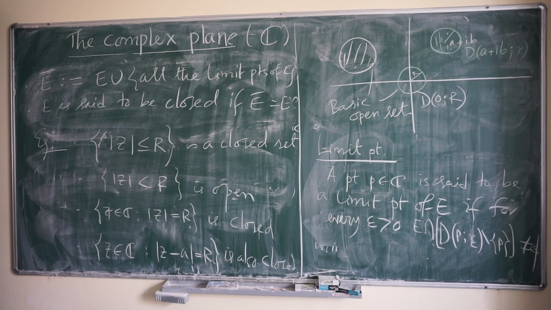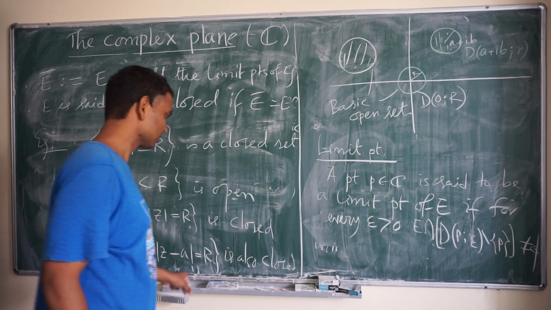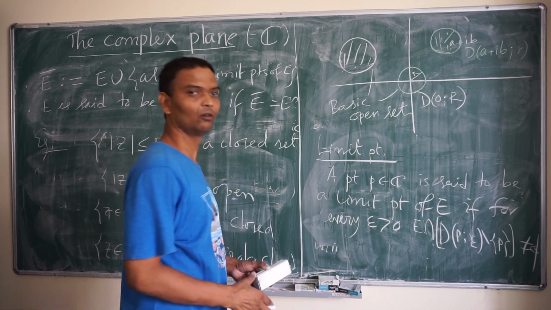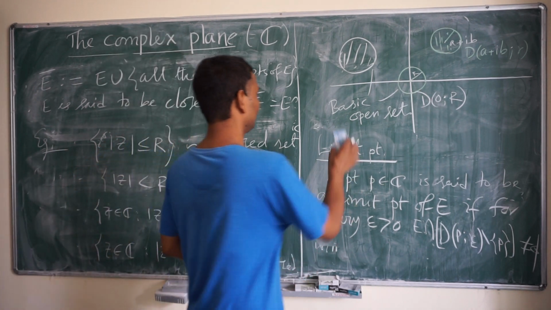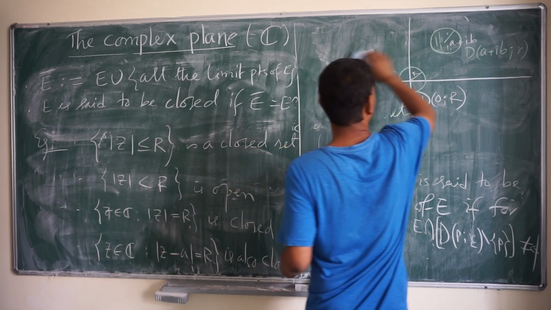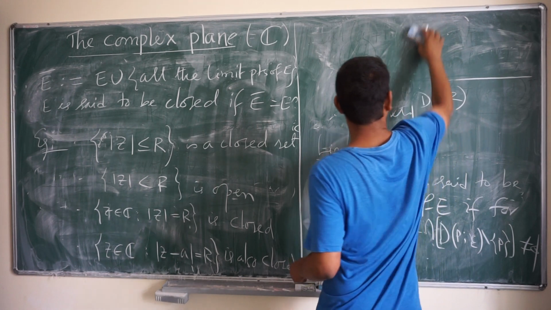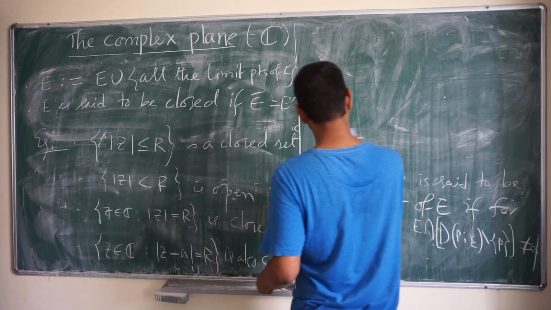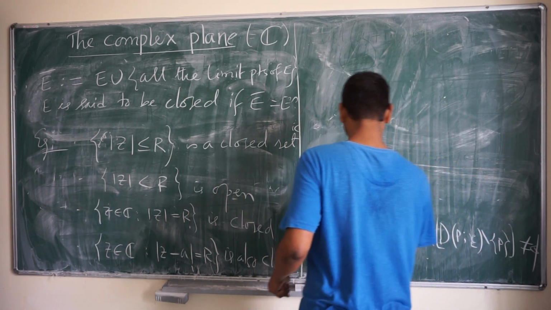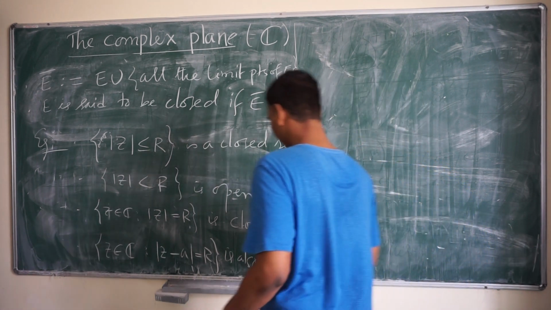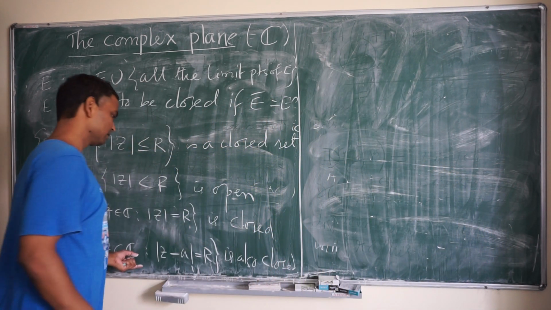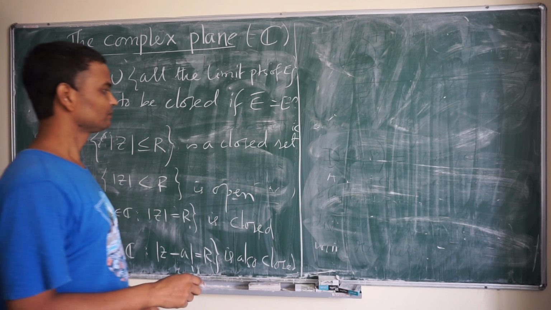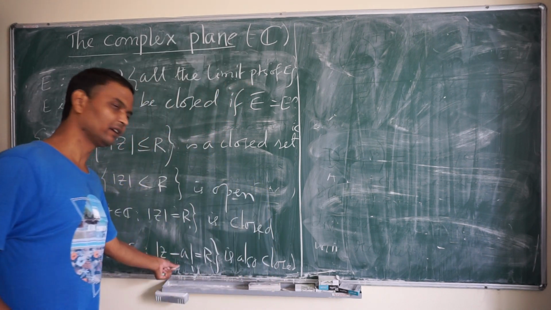These are a few examples of closed sets which will play an important role in this course. This is a circle with center at A, radius R.